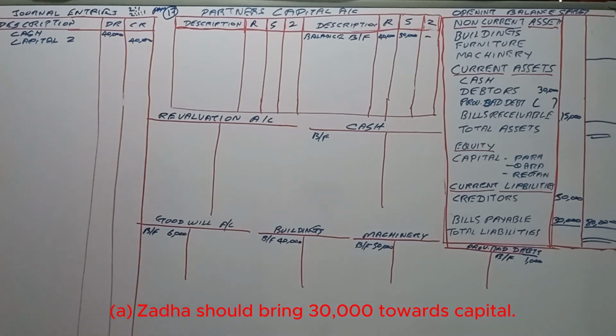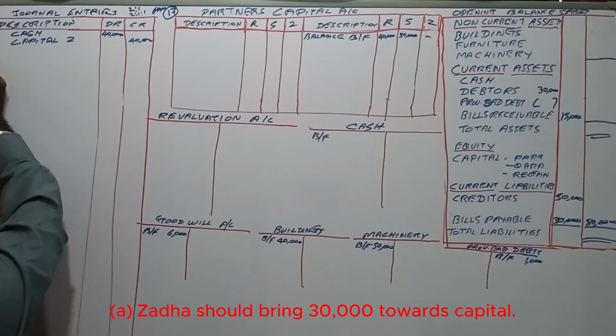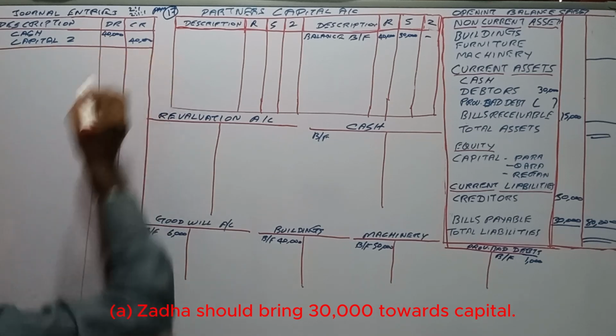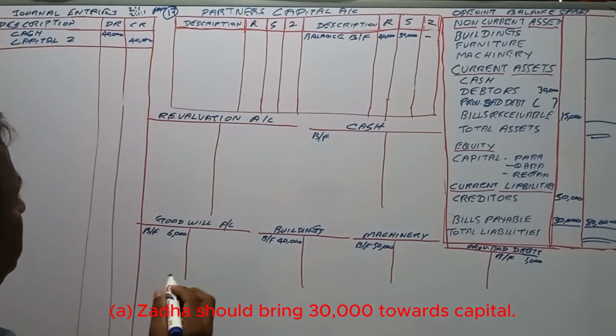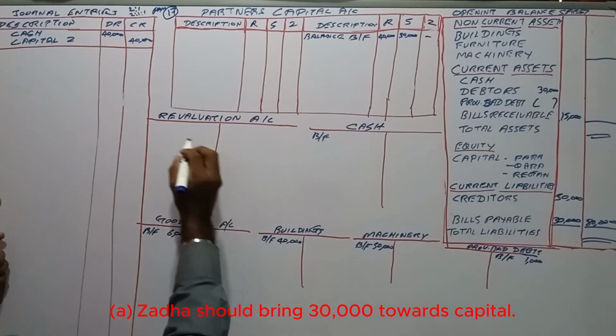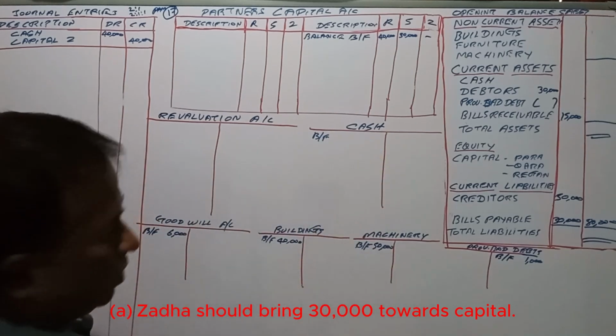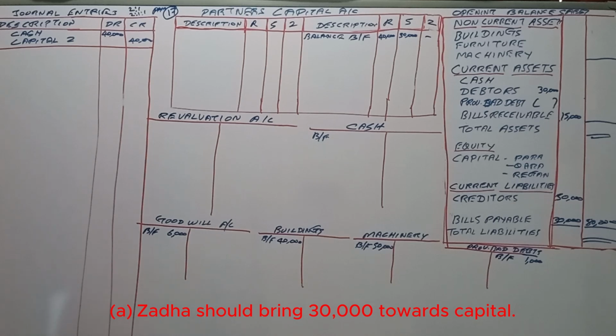So you know the narration, you just write it down, right? So what is the entry here? Cash account brought down value, how much cash? 10,000.